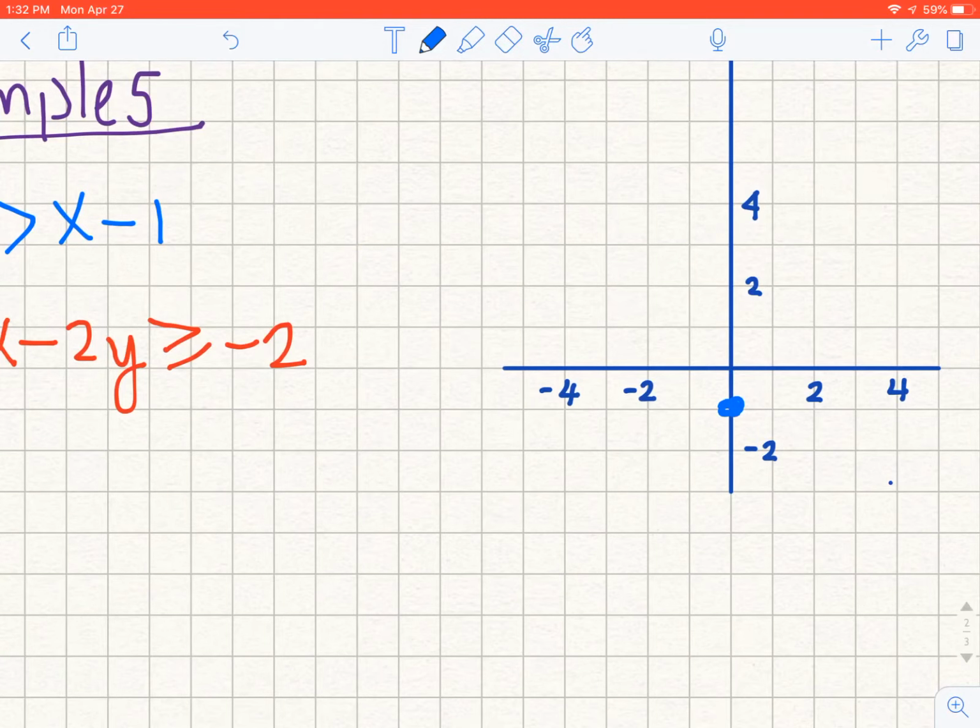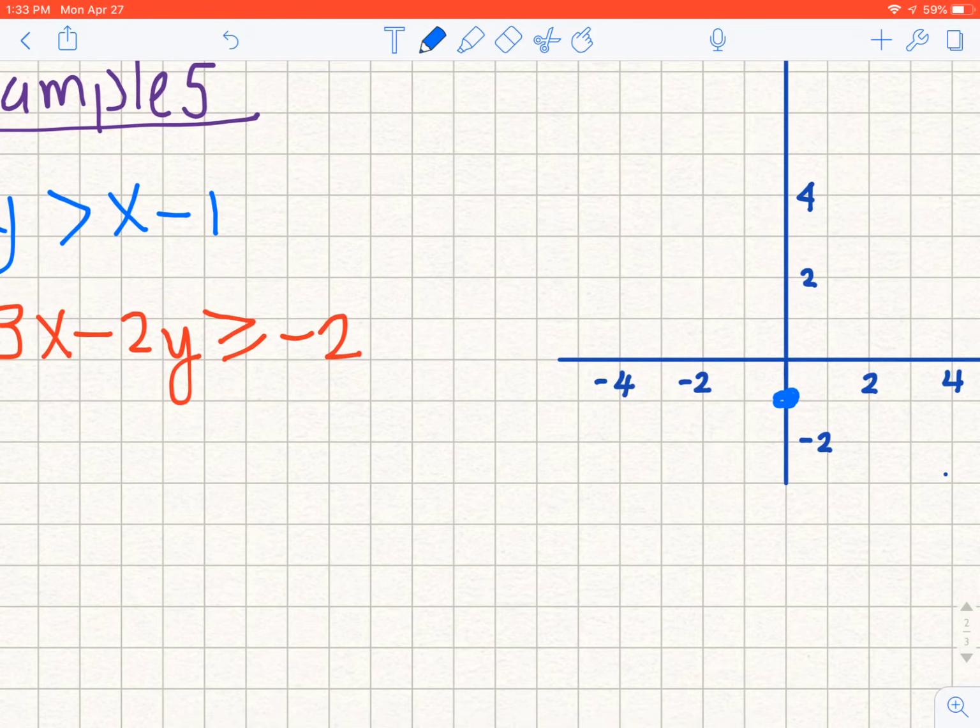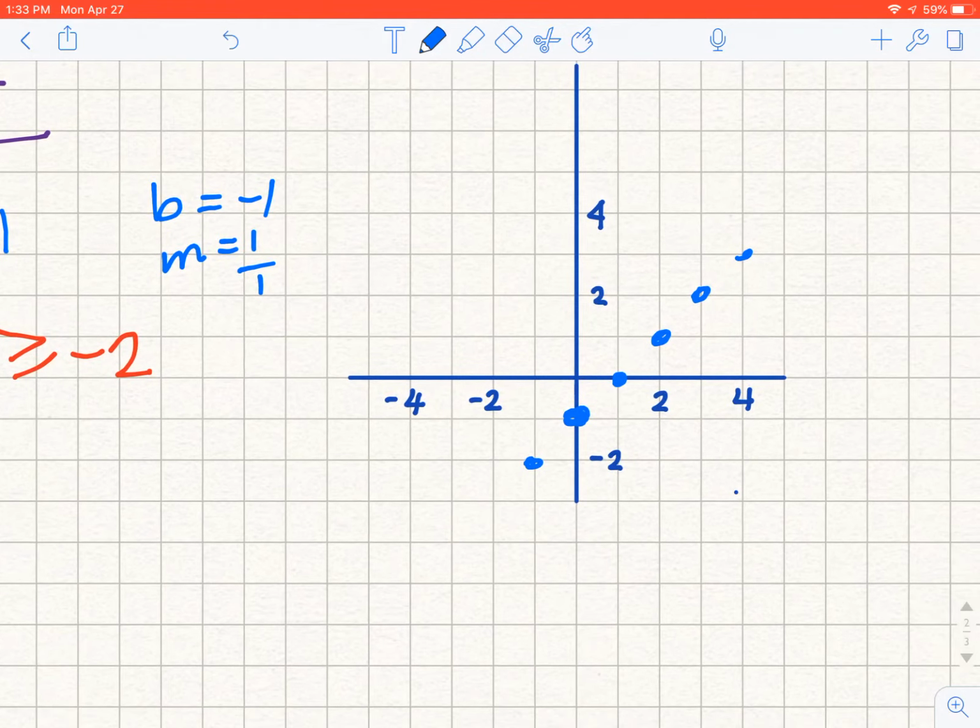So the blue one starts at -1, has a slope of 1. So B equals -1, M equals 1 over 1. So up 1 to the right one, up 1 to the right one, up 1 to the right one, down 1 to the left one. Oops, forgot to go this way. So I need a dotted line that connects those points.